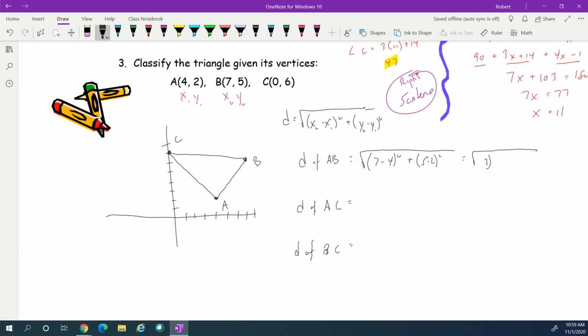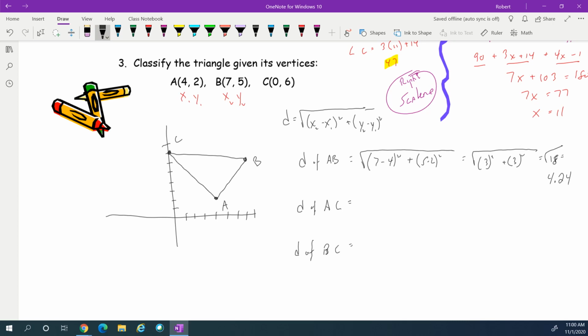That gives me a 3 squared plus a 3 squared, or square root 18. And I can certainly grab a calculator and get the square root of 18. And I'm going to get 4.2 or 4.24. Now, it doesn't really matter. We're not being asked what is the length. What we need to do is compare the length to the other ones. Let me just make that a little bit neater, 4.24.